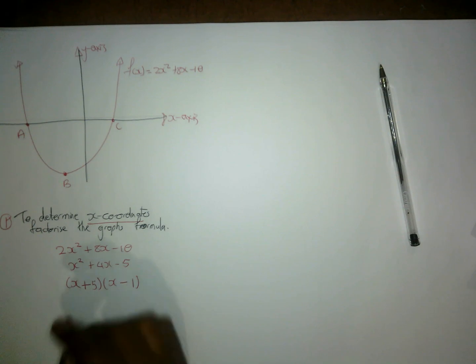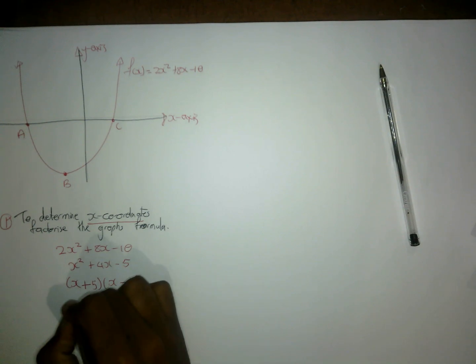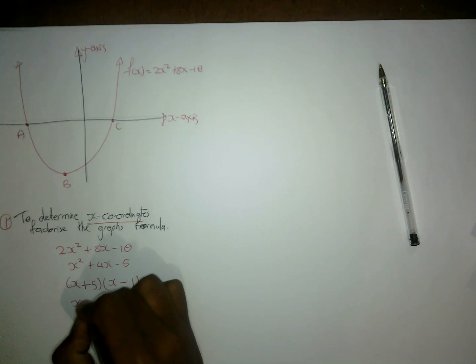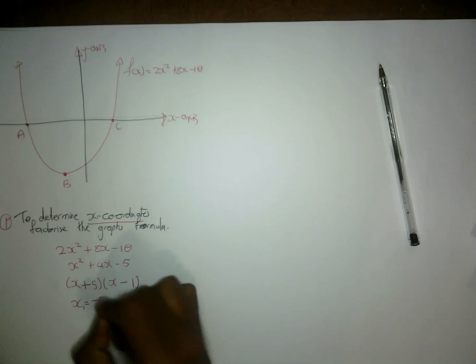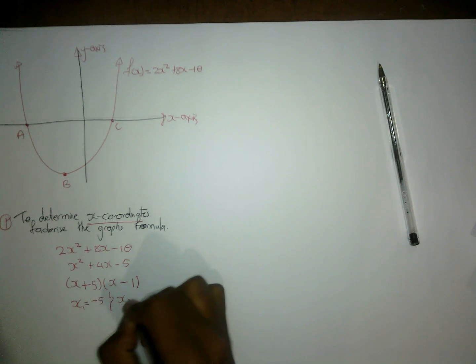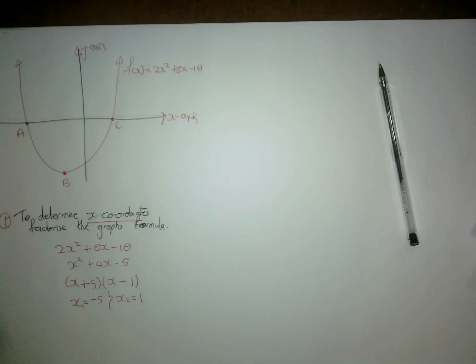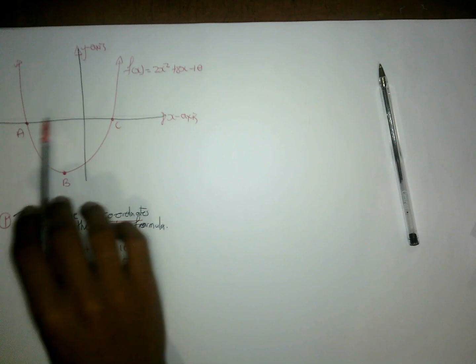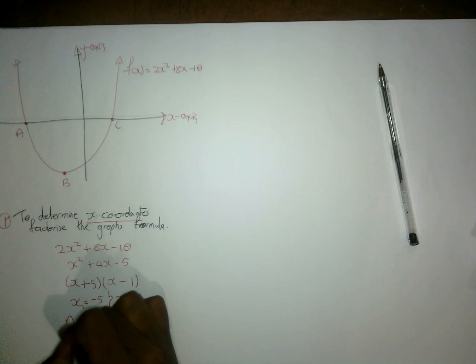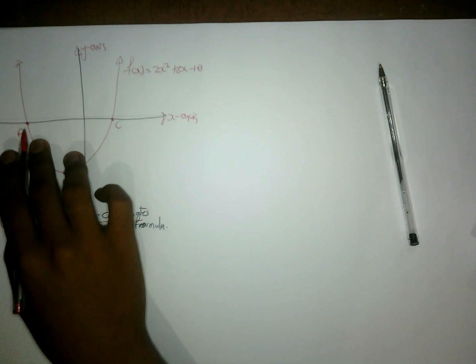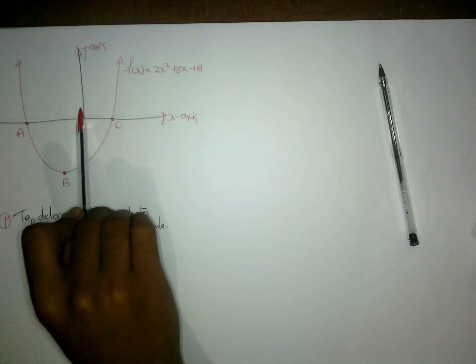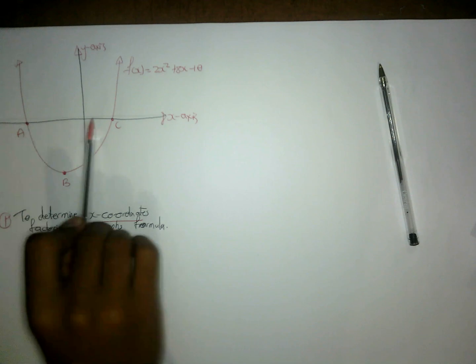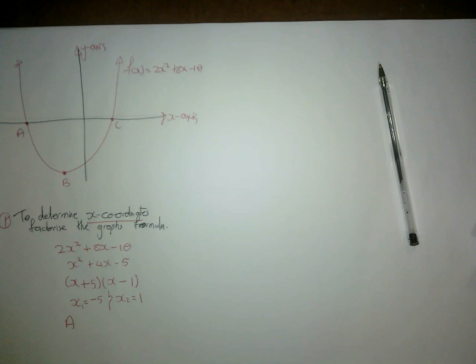You can use the other formula to factorize, you get the same answer. So our x1 equals negative 5, and x2 equals 1. This makes sense. We can see that our A will be negative 5 because it's on this side of the y-axis. Anything on this side of the y-axis is negative numbers.